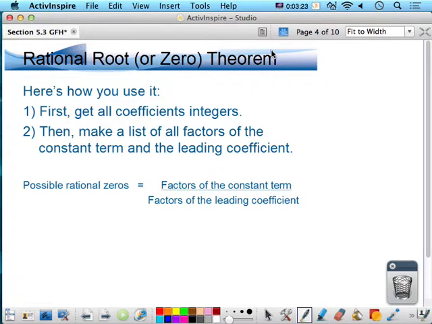Make a list of all of the possible rational zeros by taking the factors of the constant term, listing them out, and dividing them through by the factors of the leading coefficient term. And it'll only work if all of your coefficients are integers, not fractions.